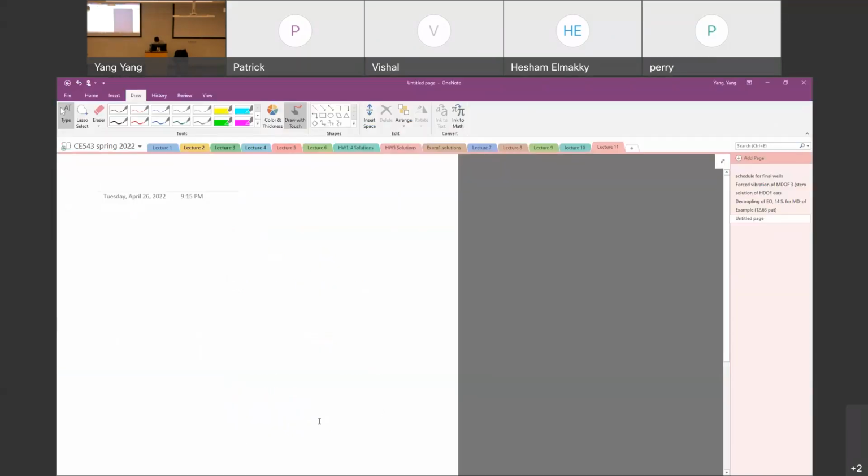So either way, we can also use hand calculations here.